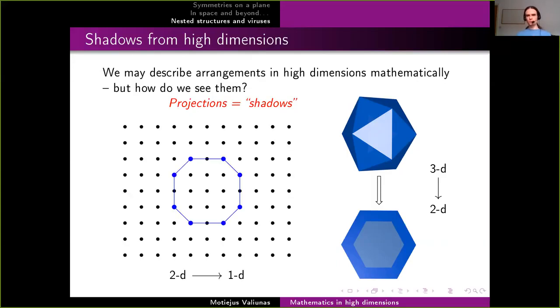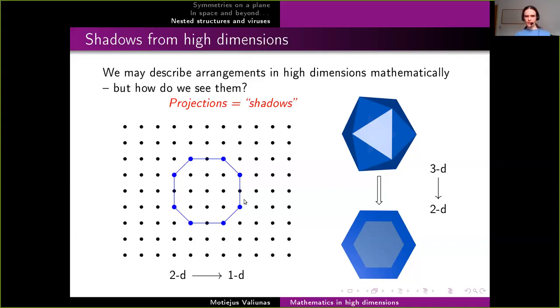So going from 2 dimensions to 1 dimension, I can show you more precisely what we are doing. We take a symmetric arrangement in a lattice in 2 dimensions. For instance, here I took an octagon, which has the same symmetries as a square, if you imagine a smaller square sitting here. So it has some symmetries.